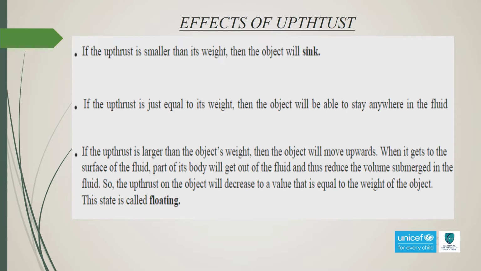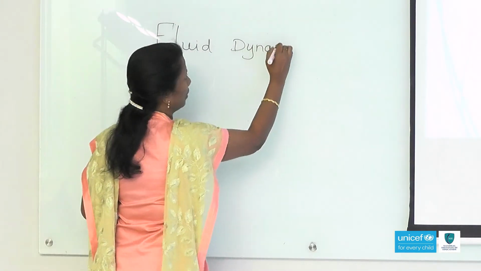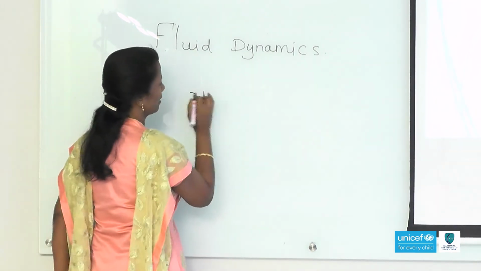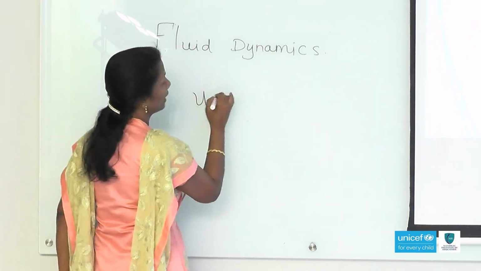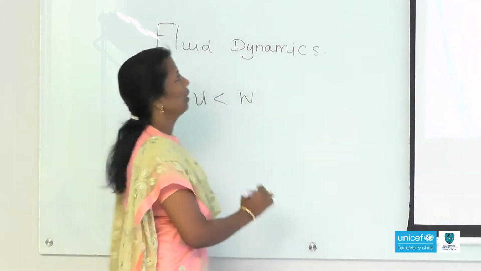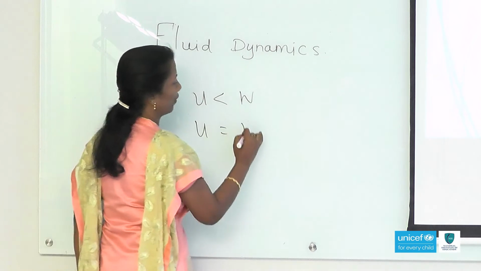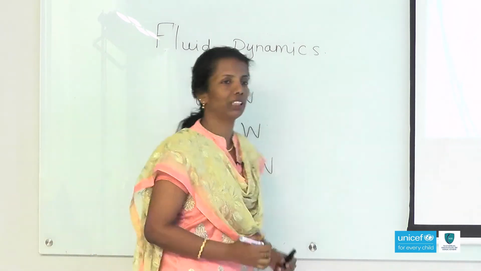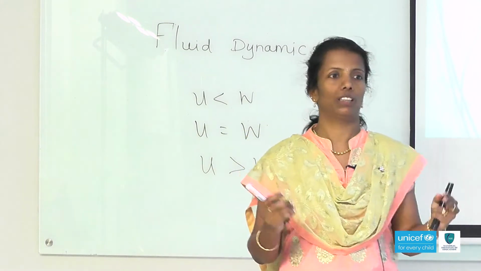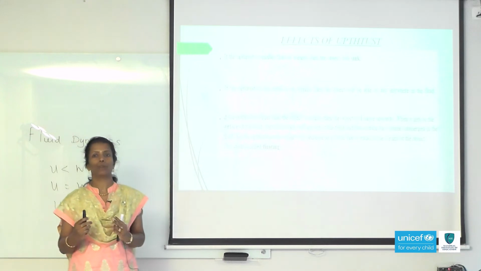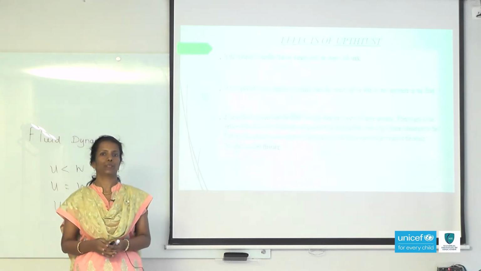In fluid dynamics, you should know very clearly if the upthrust is less than weight, what exactly happens? And if upthrust is equal to weight, what happens? But if upthrust is greater than weight, what happens? These are the three important conditions which you should know to explain what exactly happens to the object.